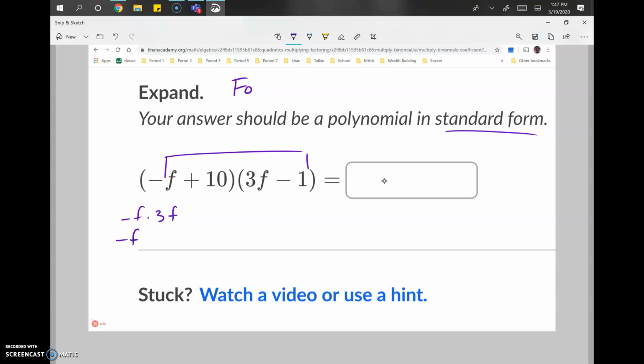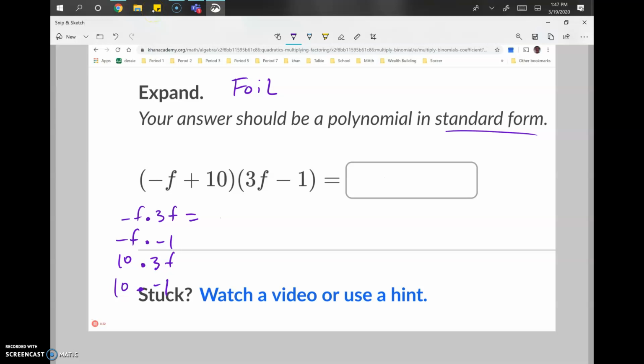Then we've got the inners: 10 times 3f. These are little multiplication signs. And then we've got the lasts. The last term, so we got 10 times negative 1. All right, so I'm just going to simplify these things real quick.